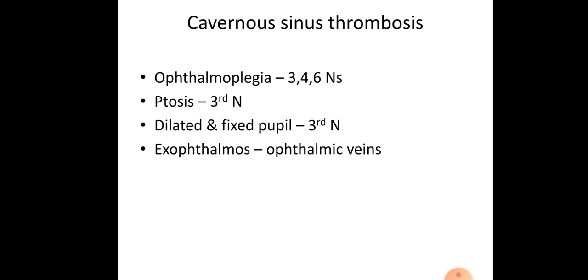There will be exophthalmos, protrusion of the eyeball. Then the central retinal vein also drains into it, so when that is blocked, the retina will be edematous. It is called papilledema. So all these are very dangerous, and together these conditions are the features and symptoms of cavernous sinus thrombosis.